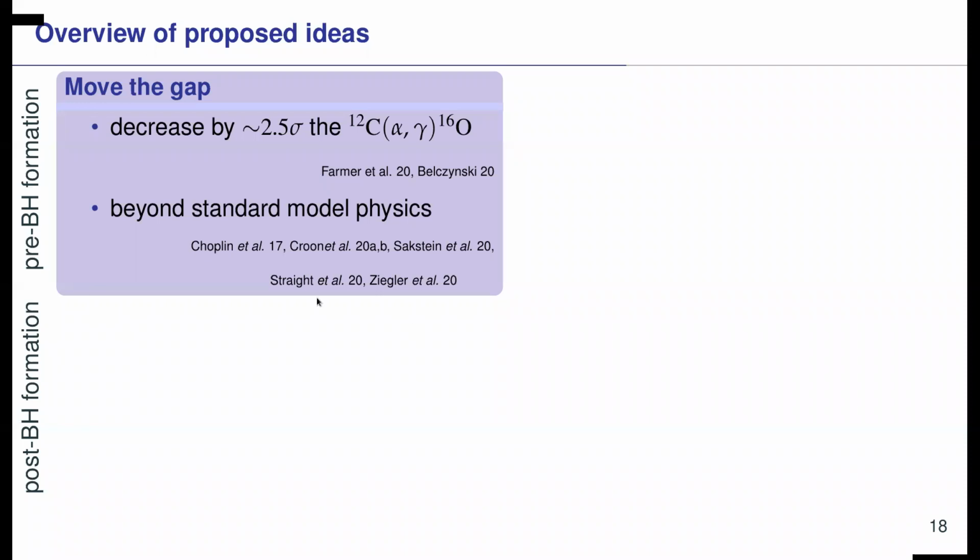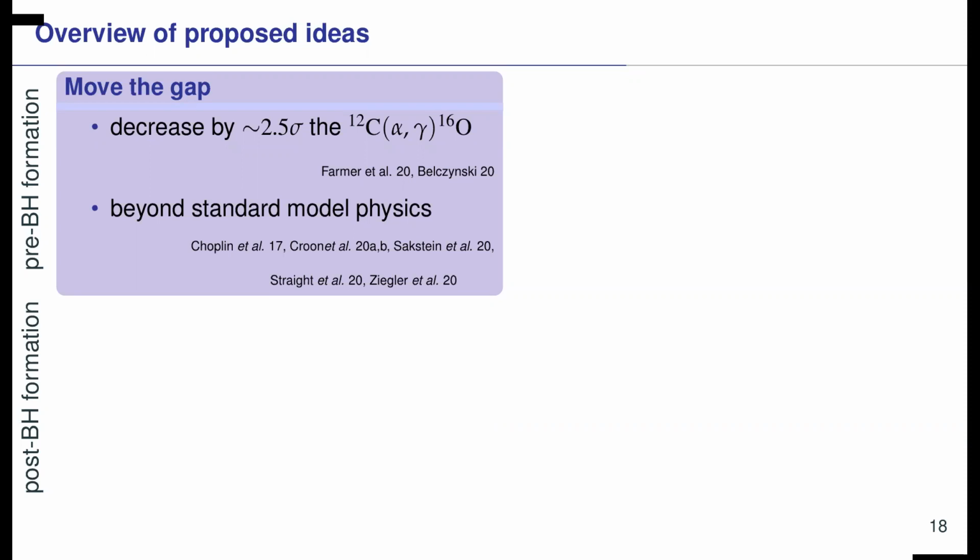The other thing that has been proposed is to add physics to your stars. In particular, include physics beyond the standard model, and effectively what these models are doing is allowing a new channel of cooling for the star, not only photons and neutrinos, but also some other new particle.